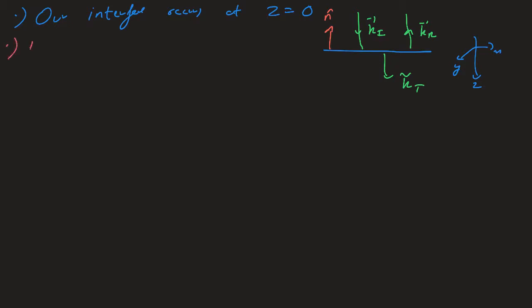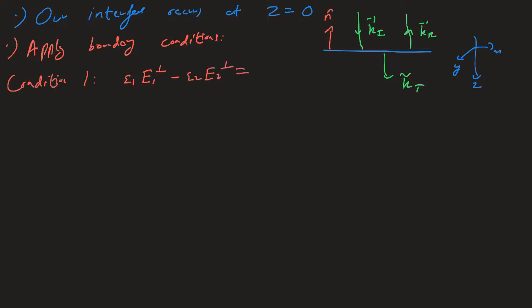Now let's apply our boundary conditions. Our first boundary condition, condition 1, basically tells us that epsilon 1 E1 perpendicular minus epsilon 2 E2 perpendicular is equal to any surface charge density over there.